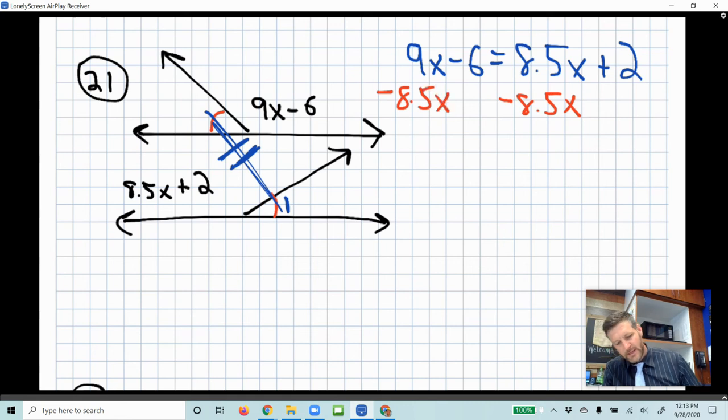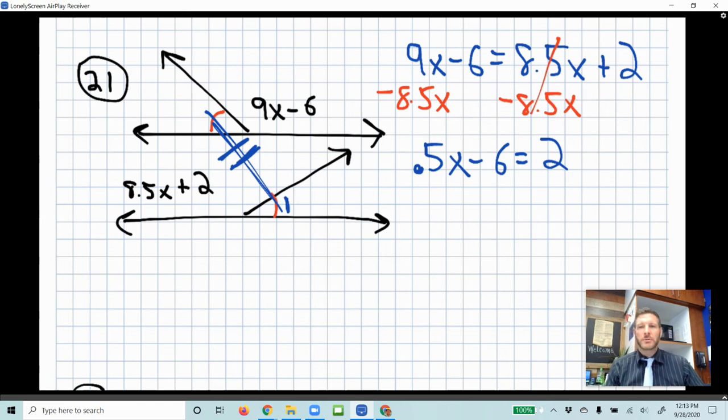I'm going to go this way so I keep it positive. That cancels out, and that leaves us with 0.5x minus 6 equals 2. If I was doing an algebraic justification, I would say subtraction property of equality. If I was doing it for the first part of my equation, I could set it up as congruent supplements theorem. That's how I knew that these two had to be congruent to each other.